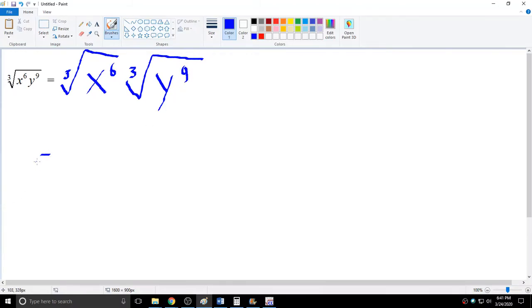Now I get to apply the rational exponents rule. So the cubic root of x to the 6th is simply x to the 6 over 3, times the cubic root of y to the 9th, which is the same as y to the 9 over 3.